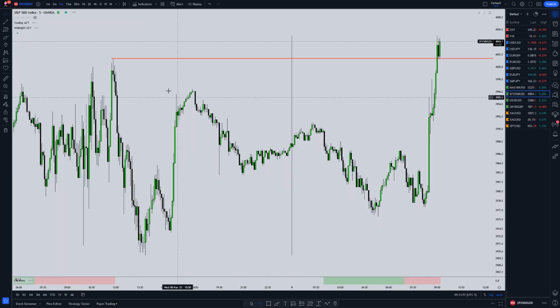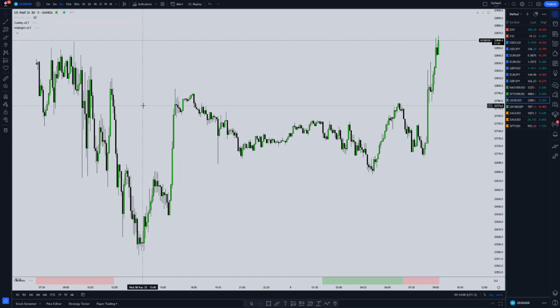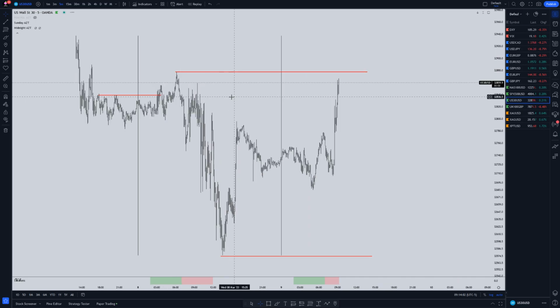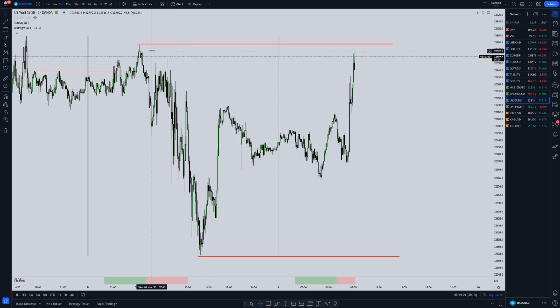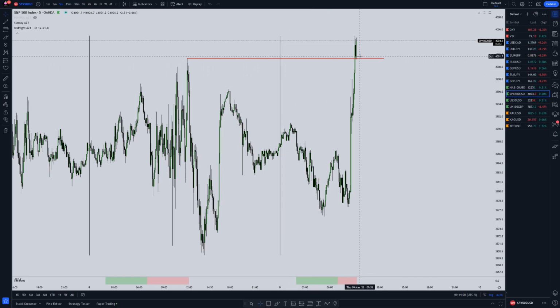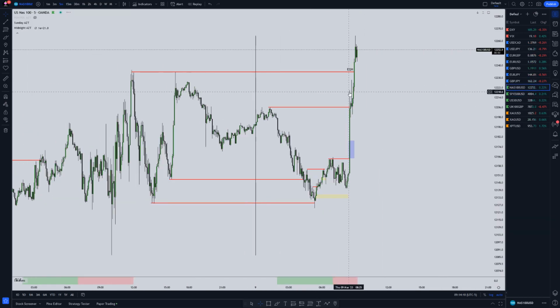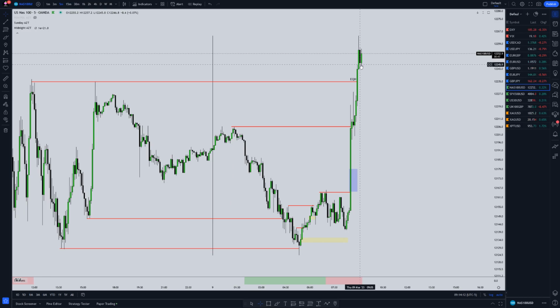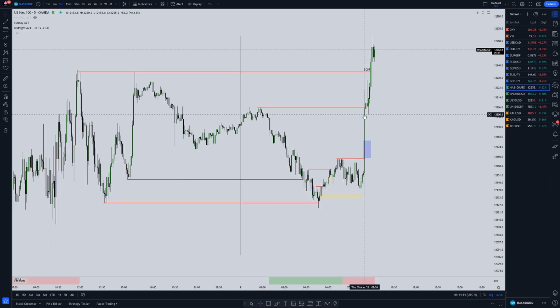Gotcha. On S&P you couldn't see the high. On Dow you couldn't see the high. Dow hasn't even reached that high yet. S&P just reached that high. And NASDAQ reached that high much earlier. And the reason for that is because at the time of our entry, we applied relative strength.